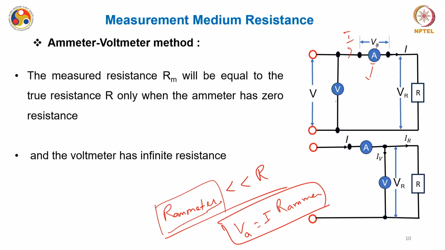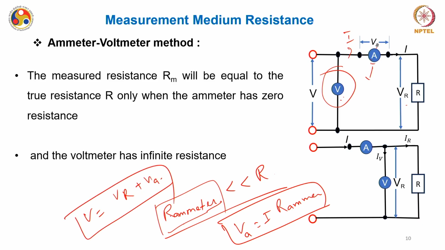So this voltmeter is measuring not only VR, the voltage across this resistance R, but also the voltage drop across this ammeter. So V is equal to VR plus VA.